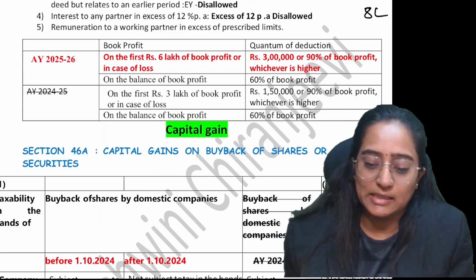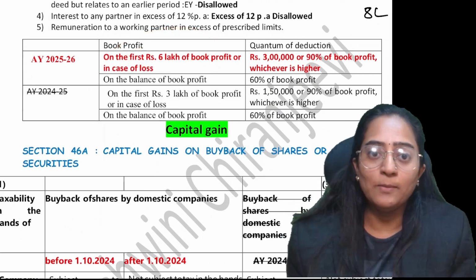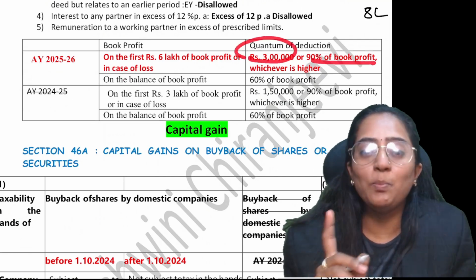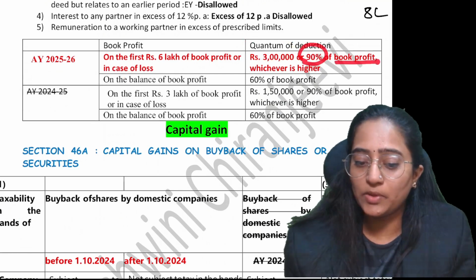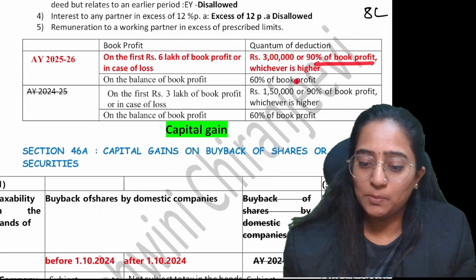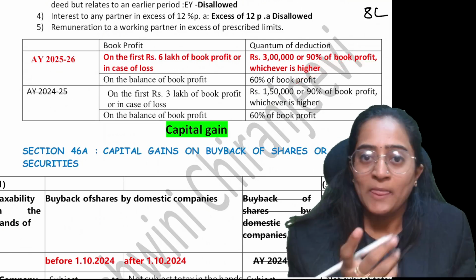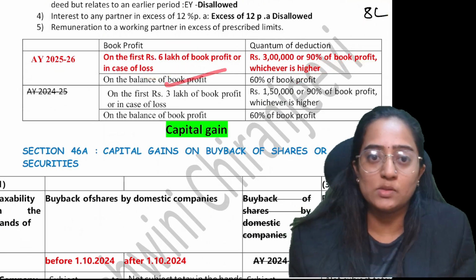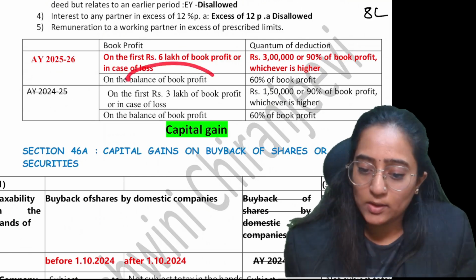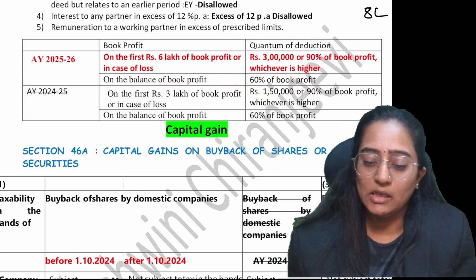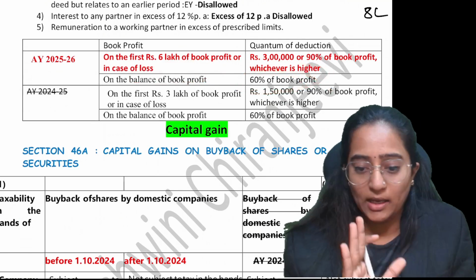So on the first 6 lakh of the book profit, or in case it is a loss, take 3 lakh or 90% of the book profit, whichever is higher. Out of this 8 lakh, 6 lakh you've already considered here. Remaining 2 lakh is what you should take now. On that remaining 2 lakh you take 60% of the book profit. Clear?